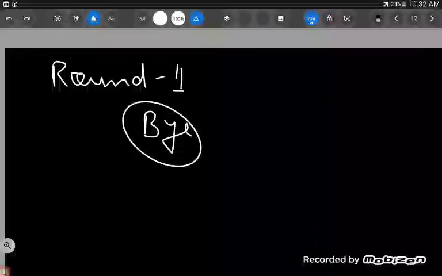Then you will write the names of the other teams. Sorry, I forgot to write the names of the teams. So first we will write the team names.